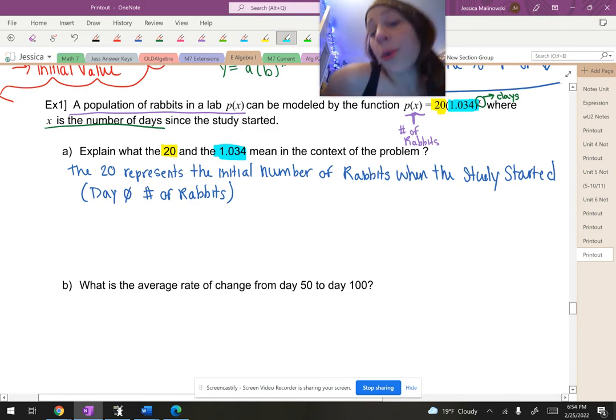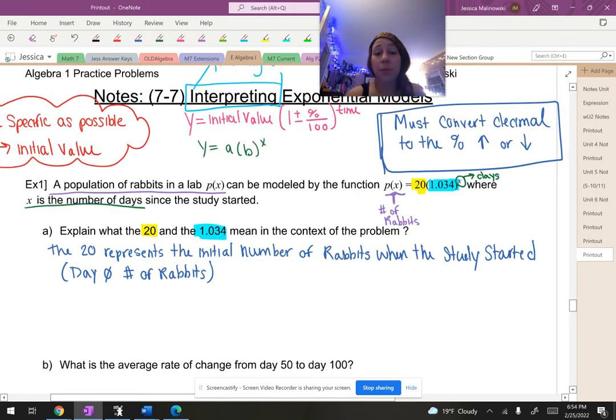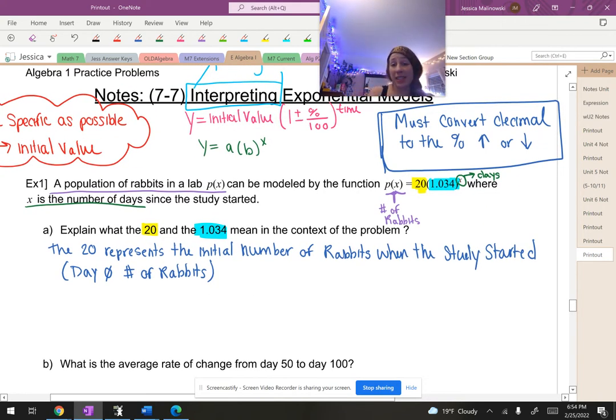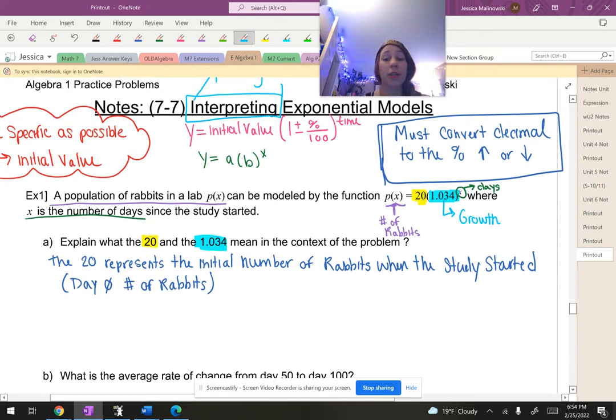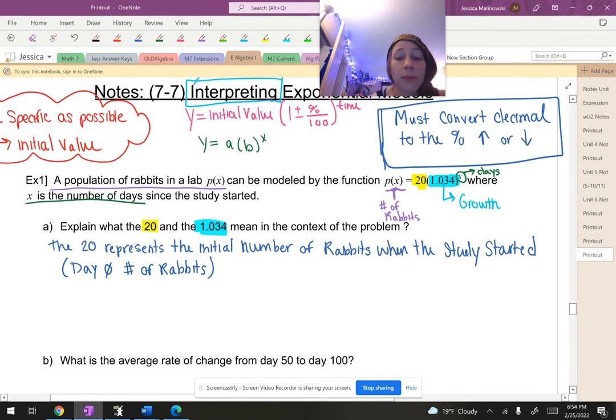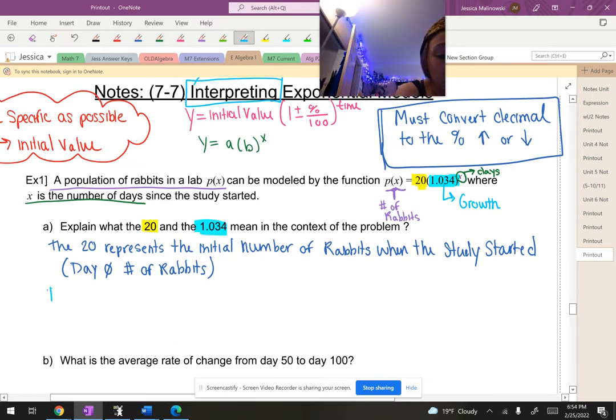1.034. So as we talked about, that piece comes from the parentheses, which has the percentage within there. We can see immediately, because it is bigger than 1, that this is showing me growth. So we can see that the population of rabbits is growing each day. So let's phrase our sentence.